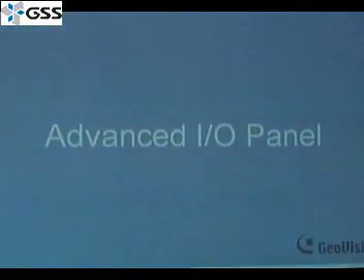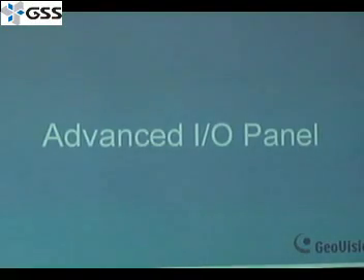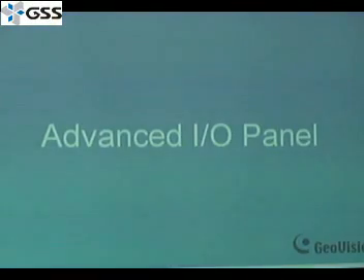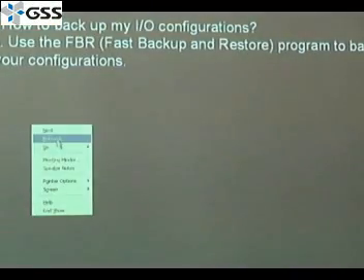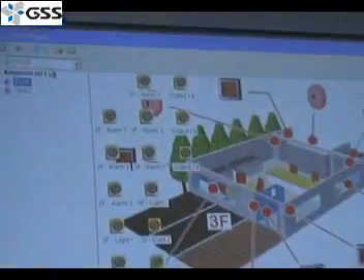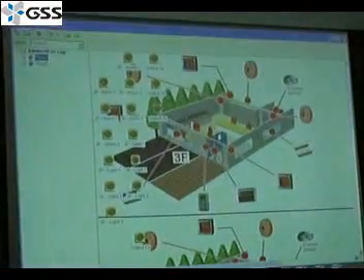One of the most important features we added to our version 8.0 is the Advanced I/O Panel. Advanced I/O Panel can do Cascade Triggering. It can also do logical input.